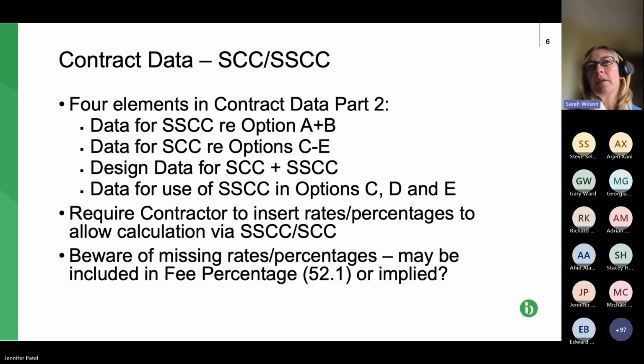So that's basically for off-site design. So I would imagine for most contractors and subcontractors, that's to cover the consultant's design fees, or it may be that you have internal consultants. And then finally, we have data to use in conjunction with the shorter schedule in circumstances where options C, D and E are being used.